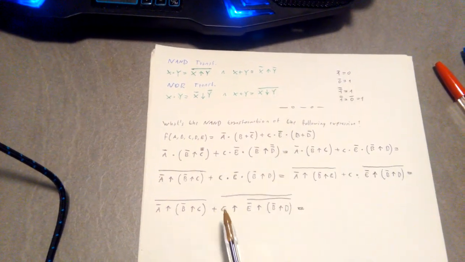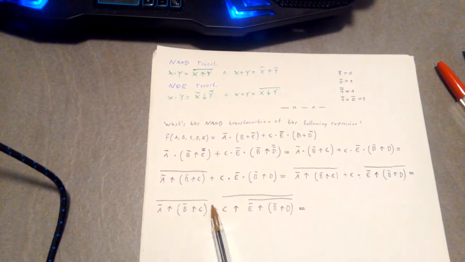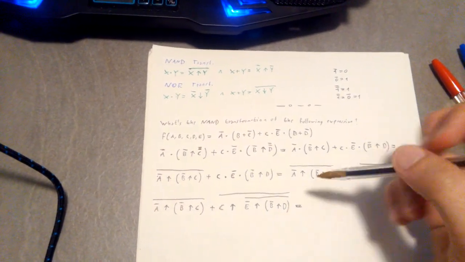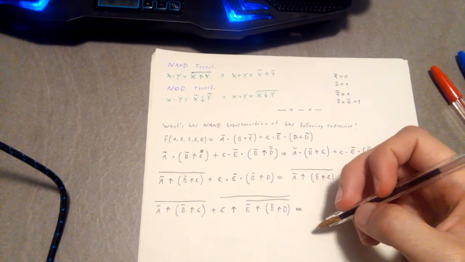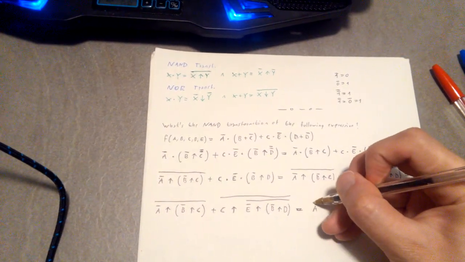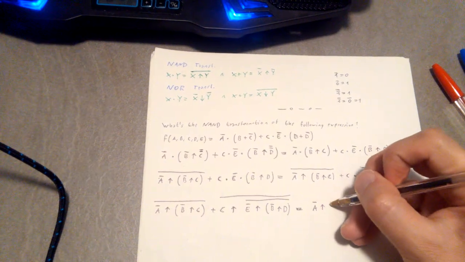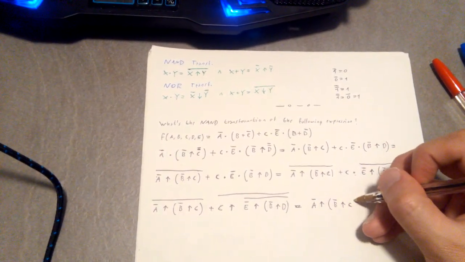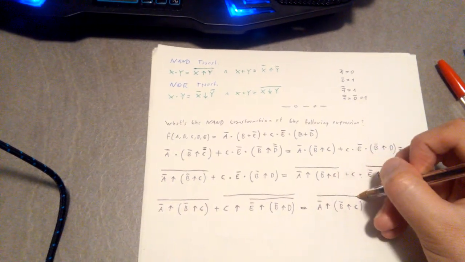So in order to put the arrow here, we have to put a naught here and a naught here. So it's going to be pretty straightforward because it will be a naught, arrow upward, b naught, arrow upward, c, everything naught.